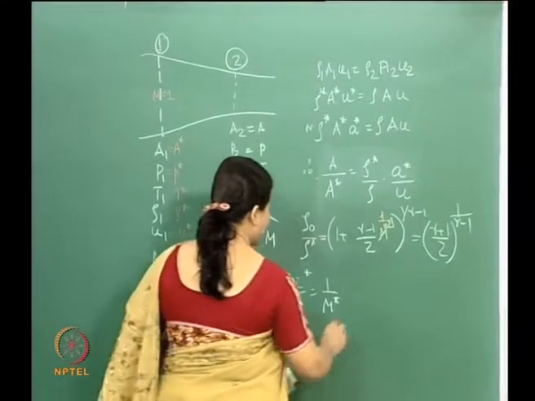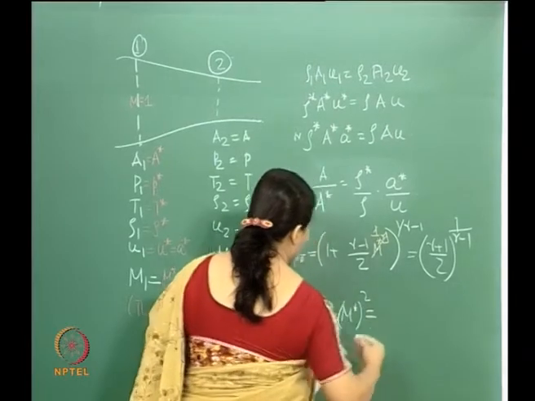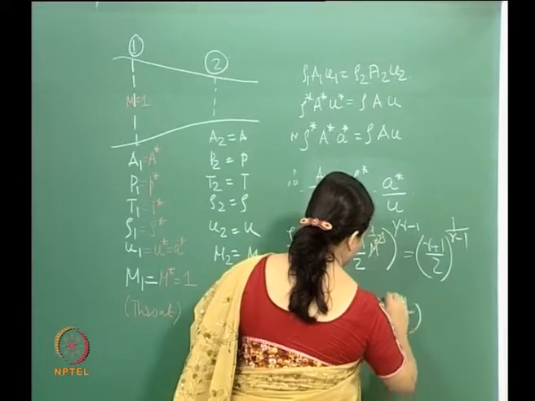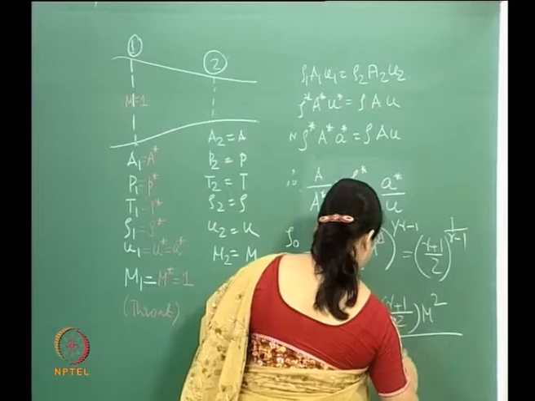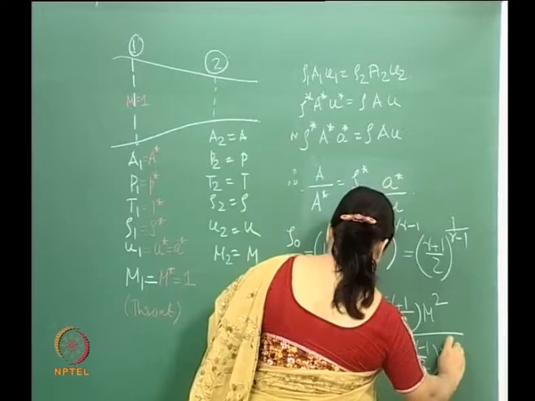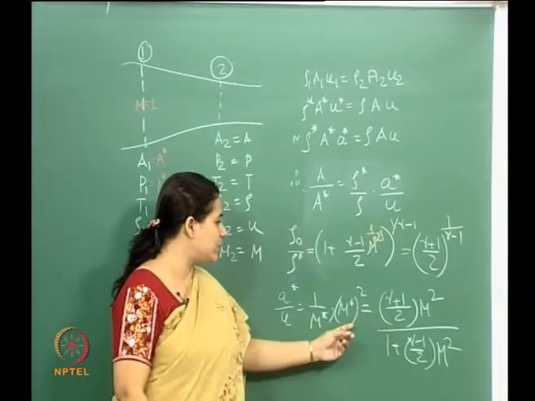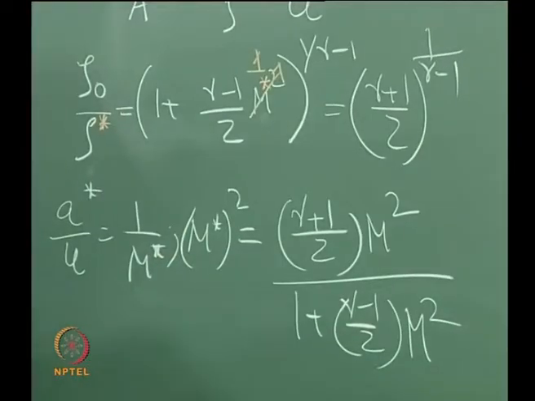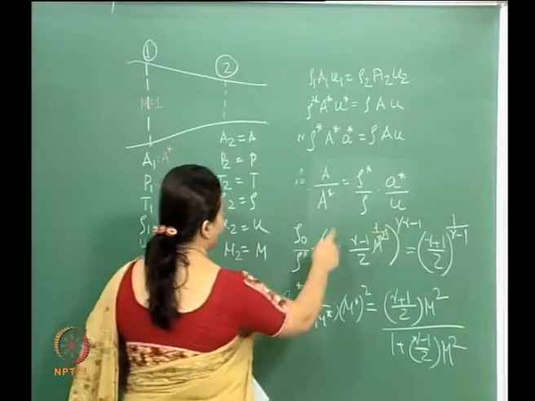Now, M star we have seen from before that M star square is also related to the local Mach number as so. Right, the local Mach number is related to M star as so. Now, what we are going to do is essentially write this in this form.